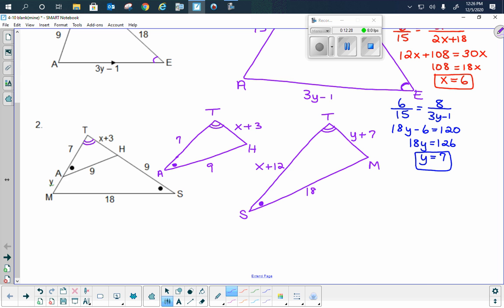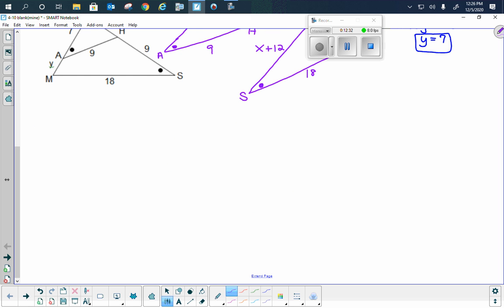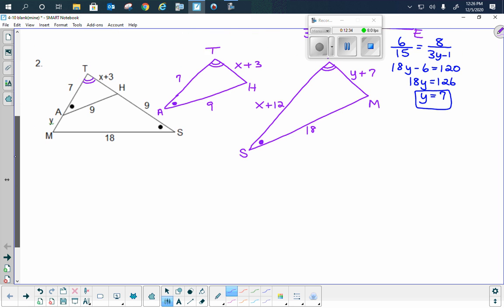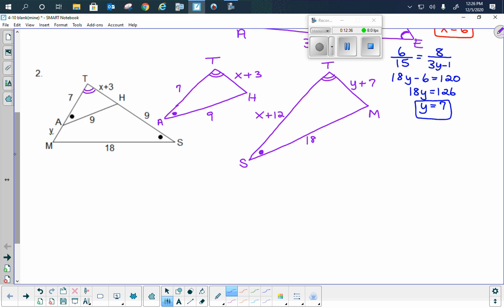Now notice, I can go ahead and start. Move this so we have a little bit more room. I can go ahead and start asking myself and proving the different things. So these triangles are now similar by angle, angle. Notice they have two sets of angles that are equal. You can map them.